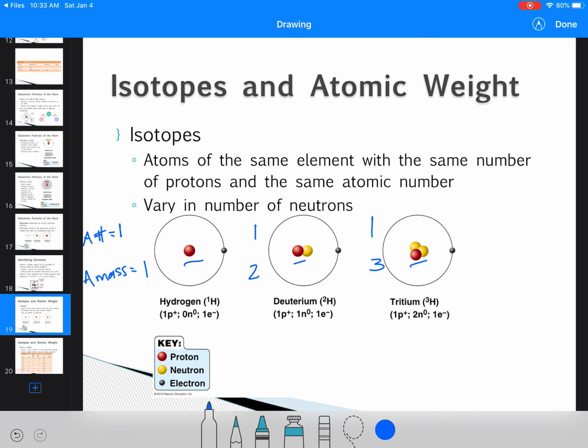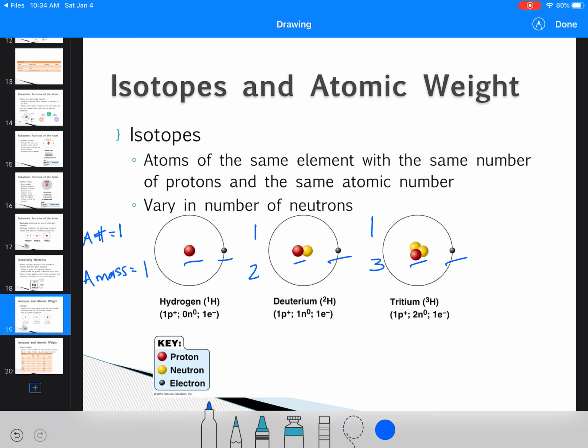They all only have 1 proton. They also only have 1 electron. Okay? So the atomic number tells you what element you're looking at. The atomic mass really is just going to tell you what isotope of that element you are looking at. Okay, so how many neutrons there are within that atom.